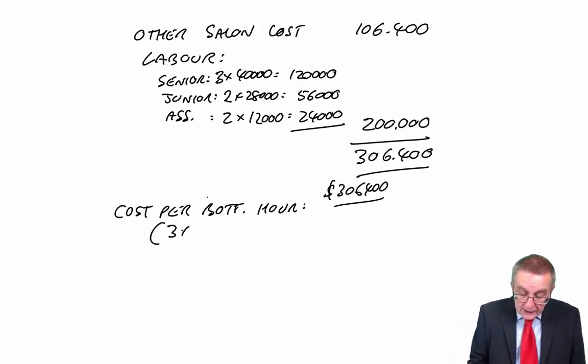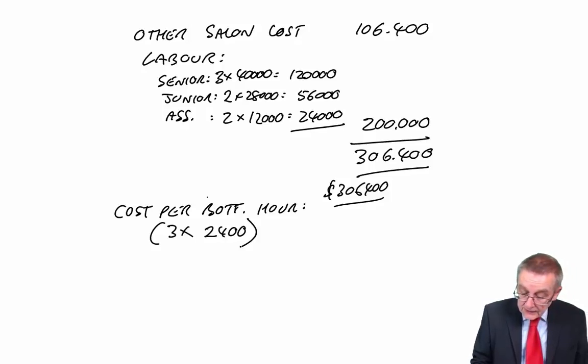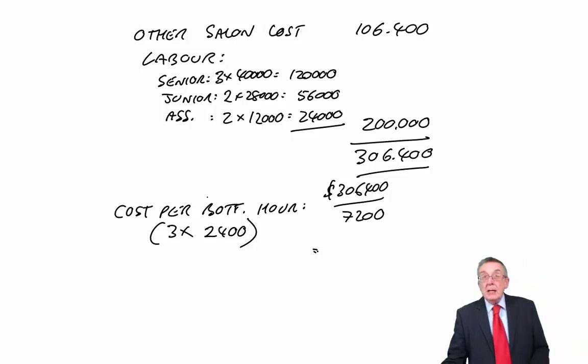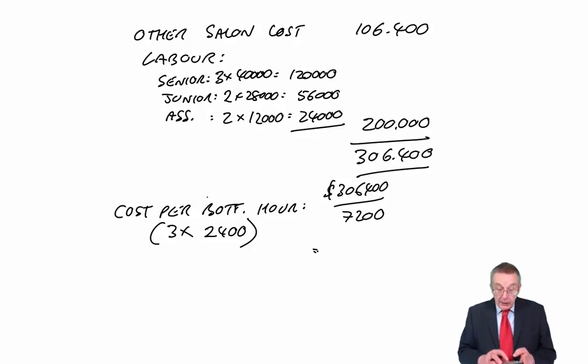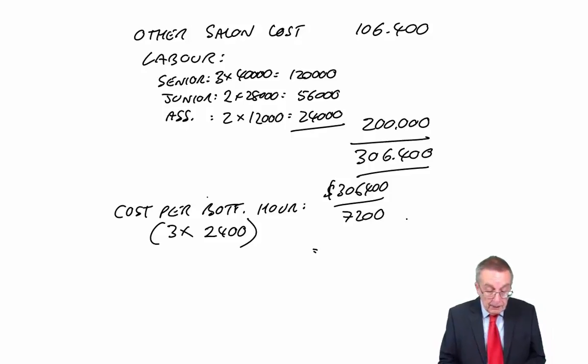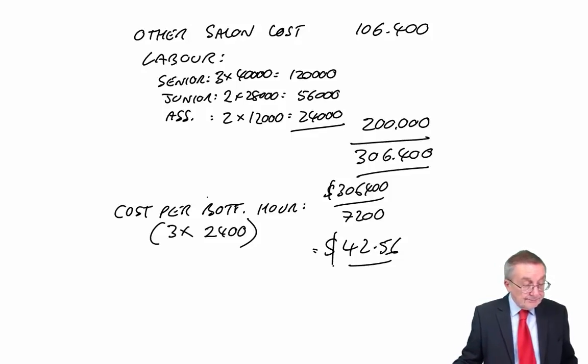There are 3 senior stylists. They're working 2,400 hours a year each, so 7,200. So the cost per each hour of bottleneck is 42.56. I hope I've done my arithmetic right.